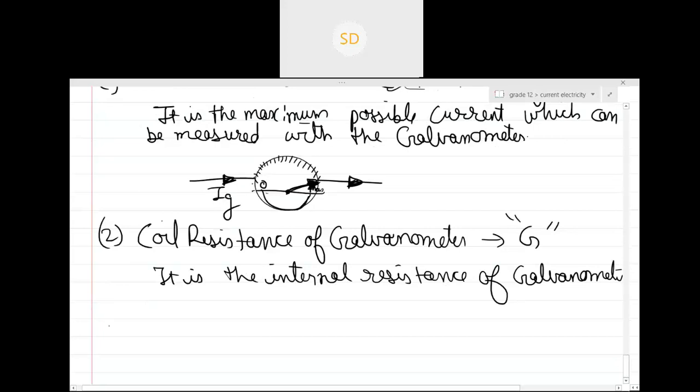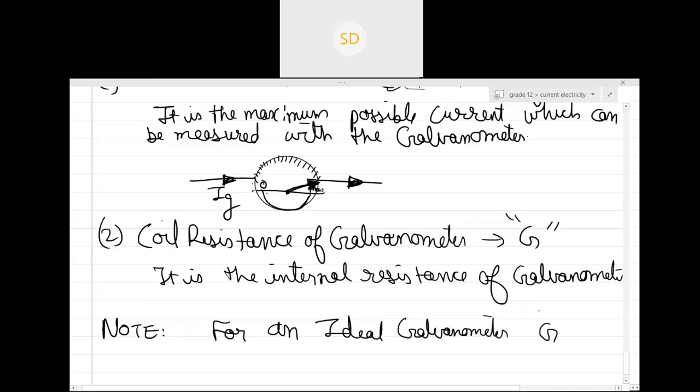Now, always remember, for an ideal galvanometer, what shall be the value of G?